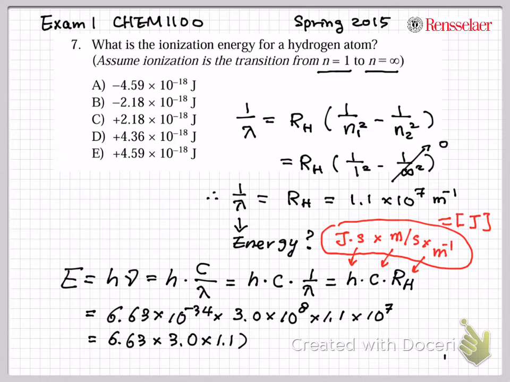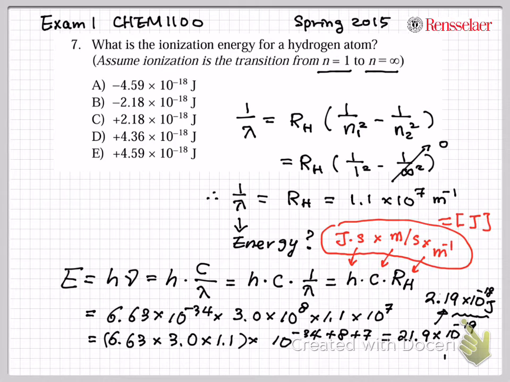That will minimize the chances for you to make errors, and then do the power in one location. So minus 34 plus 8 plus 7. This will lead me to have 21.9 times 10 to the minus 19, so that will give me 2.19 times 10 to the minus 18 joule.